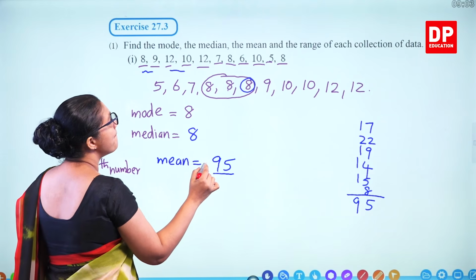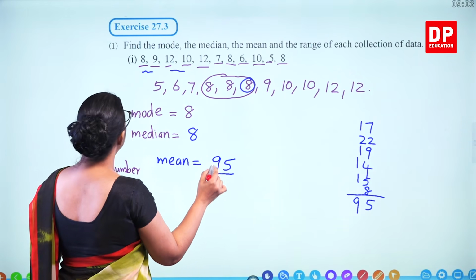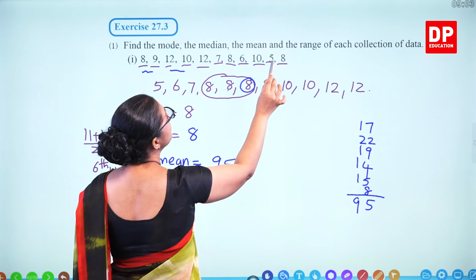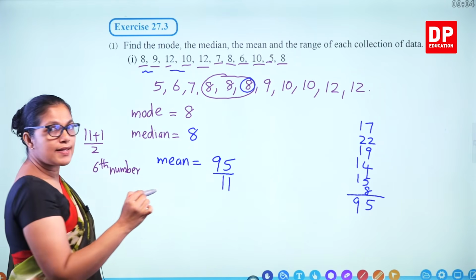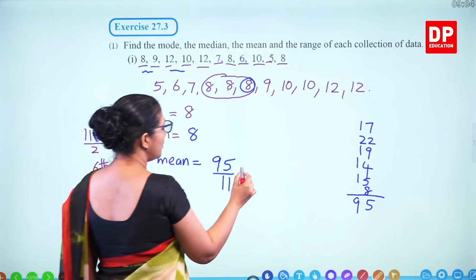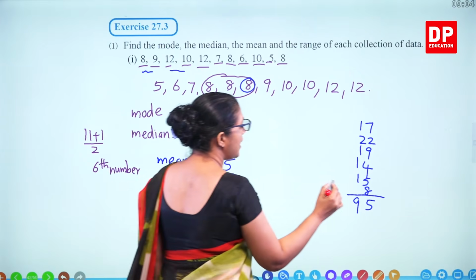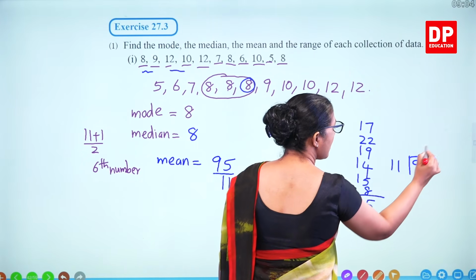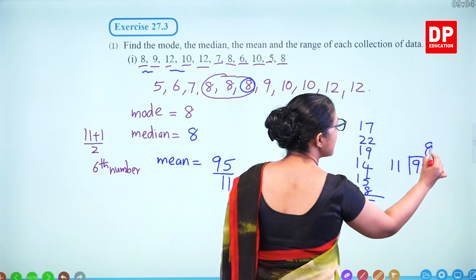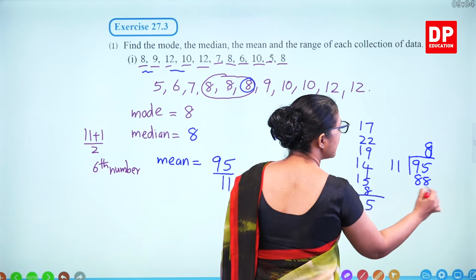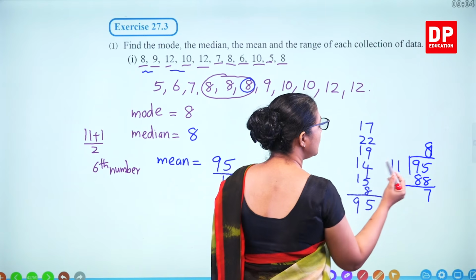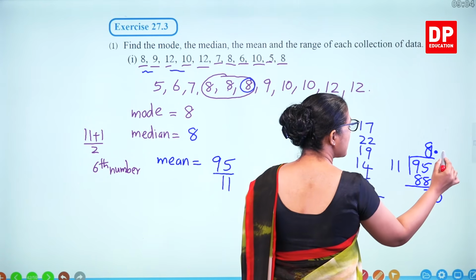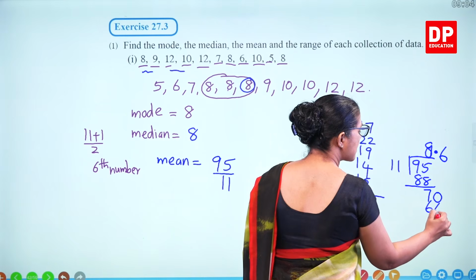Divide by 11, the number of values there are. Divide by 11. That's the mean value. So 95 divided by 11. 11 times 8, 88. So you get 7. For 70, that's 6. 66.